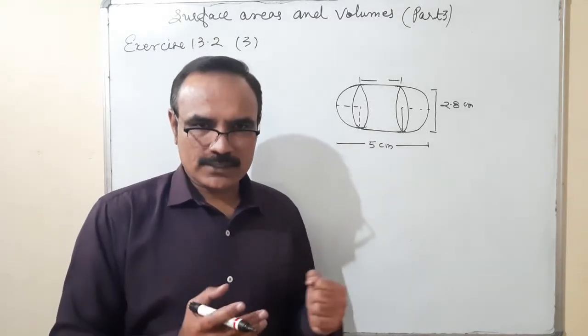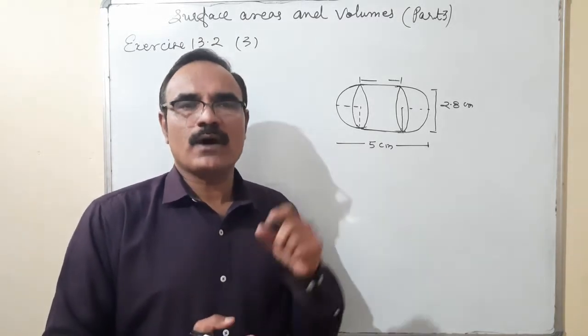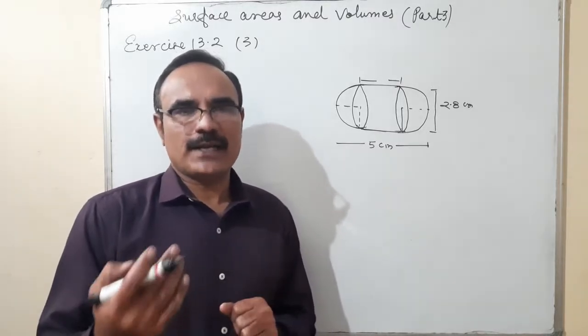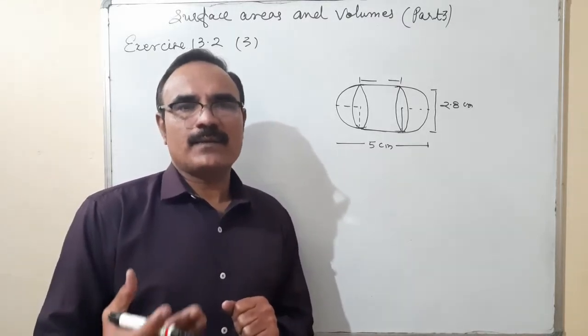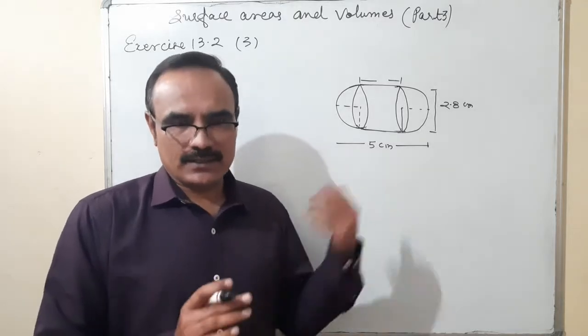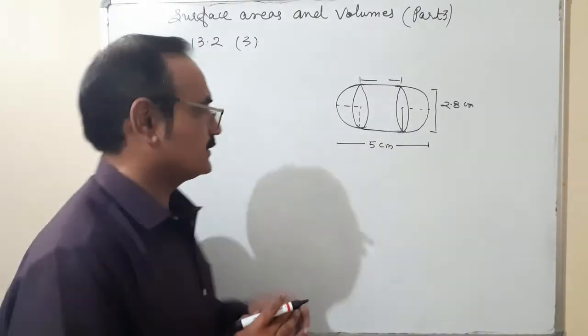Okay, so first thing, what should be done? We have to find the volume of a gulab jamun, multiply by 45, then multiply by 30 upon 100 of that, and that would be the answer.